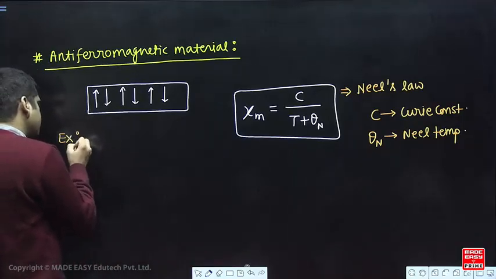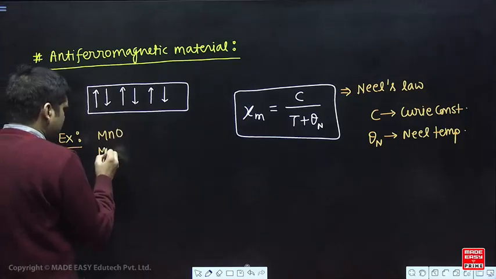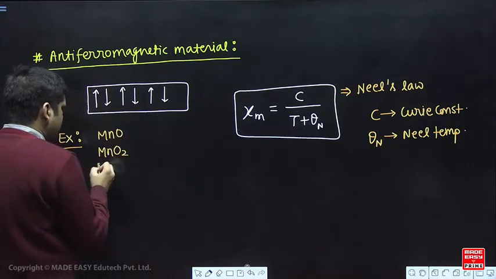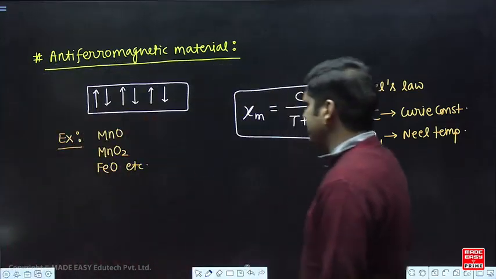Some popular examples of this material are MnO, MnO2, FeO, etc. So these are generally metal oxides.